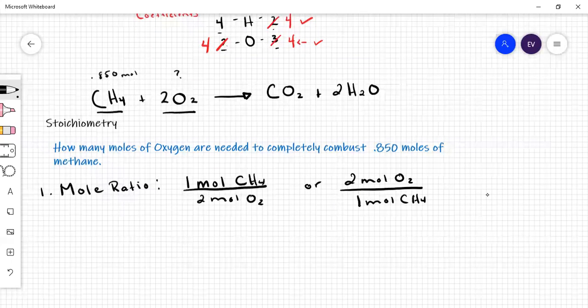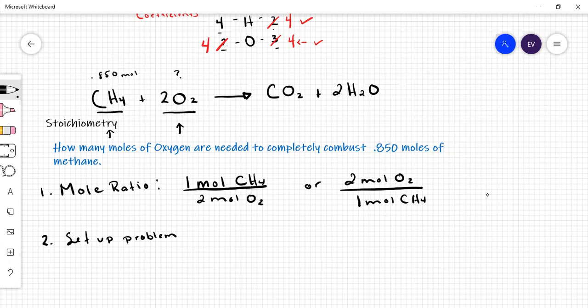So let's set up the problem. The mole ratio is used to find an unknown quantity from a known. The unknown in this case is the O2 and the known is the CH4.